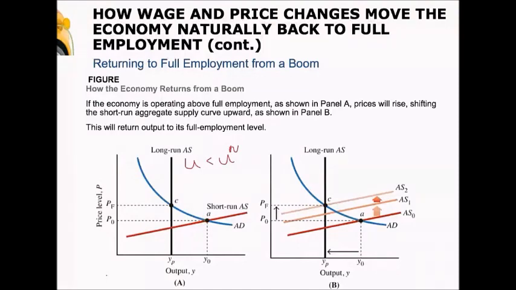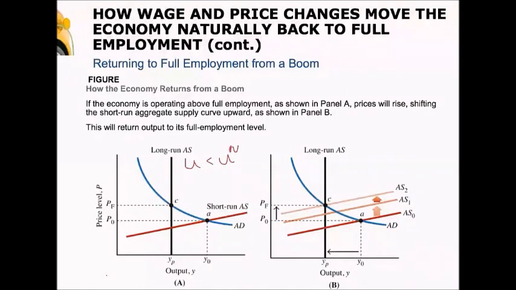Again, this is once we leave the short run. So in the short run, we can have an actual output greater than potential output. Eventually, prices and wages will start to rise, and that's going to shift the aggregate supply curve up, and that shift will continue until we get output back to potential output. Now, this is how the economy automatically recovers from a boom where output is too high.